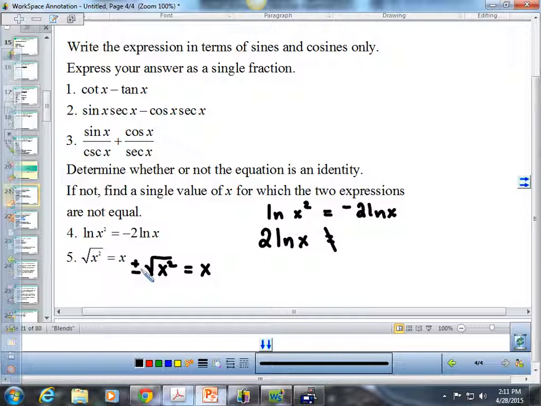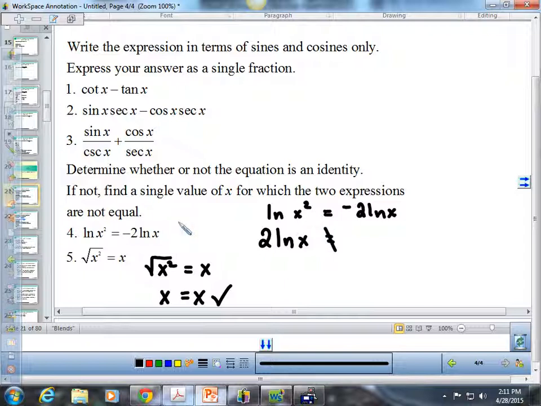No. That is not an identity. But without those, it is an identity. Because the square root does what to the square? The primary square root of x squared is x, and x equals x. Yes, that is an identity, but this one up here is not an identity. Okay, you don't bring out a negative 2, we just bring out the positive 2.